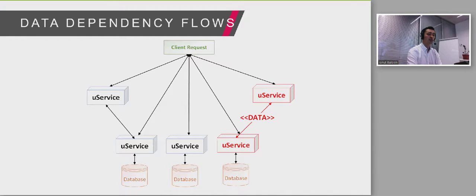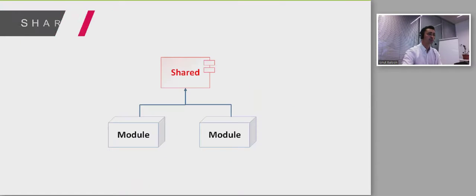Because if you change the data and that change affects many services, as in this picture, where you can see the red services affected by a change in data, probably it's not a very good design, because those services are coupled by the data that flows across them.